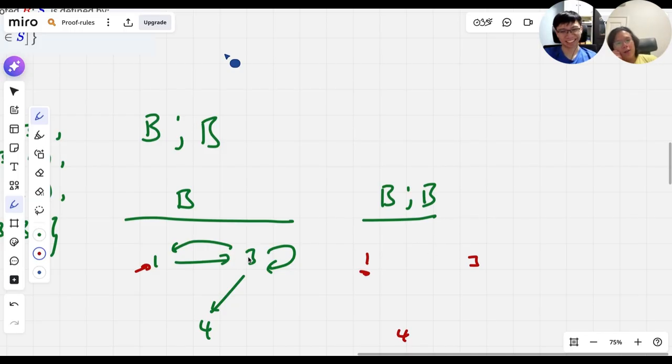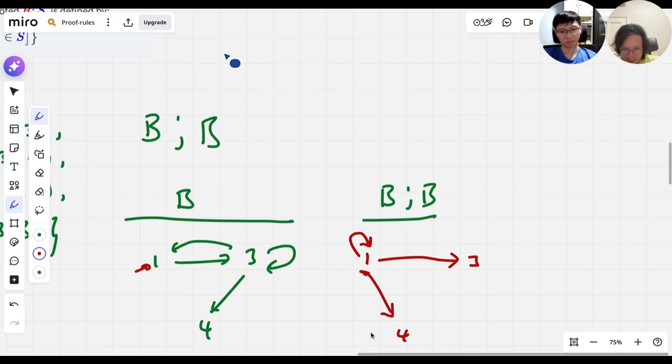I could take one step back to 1, so I go from 1 to 3 back to 1. Or I go from 1 to 3 and then 3 back to 3. Or I can go from 1 to 3 and then 3 to 4, so 1 to 4.